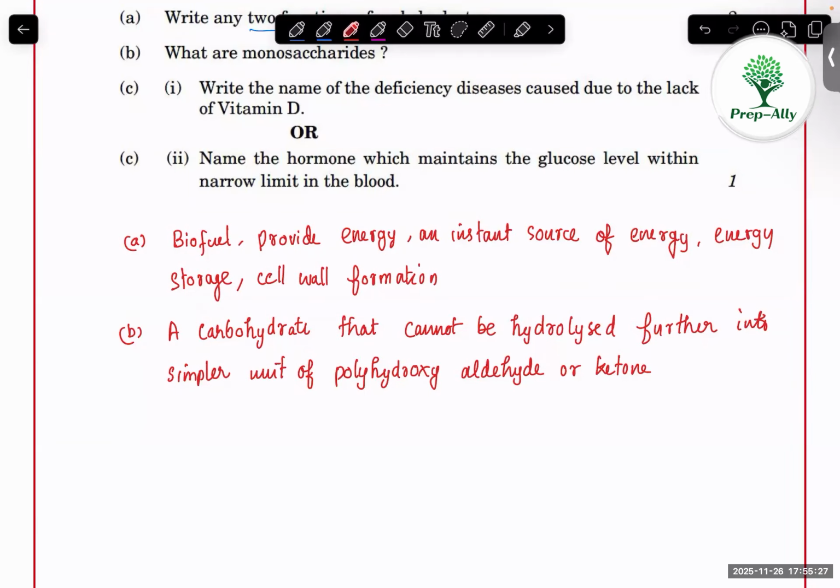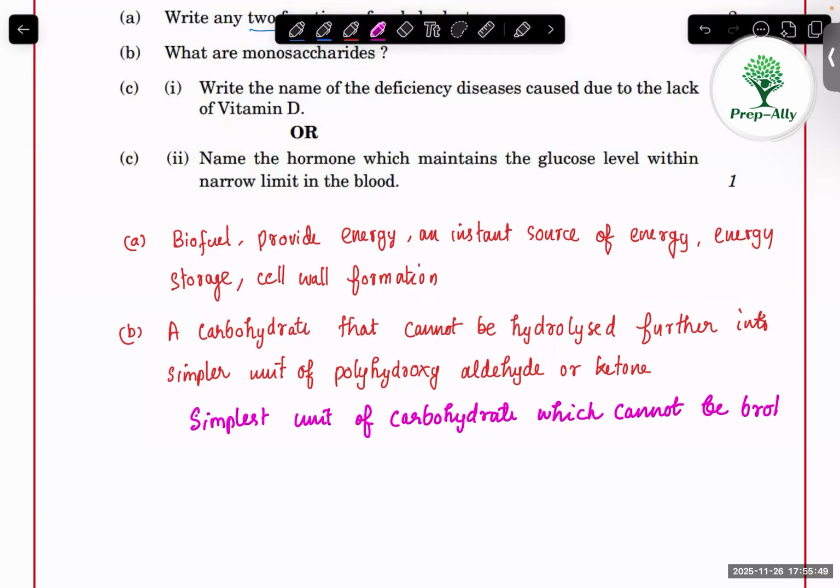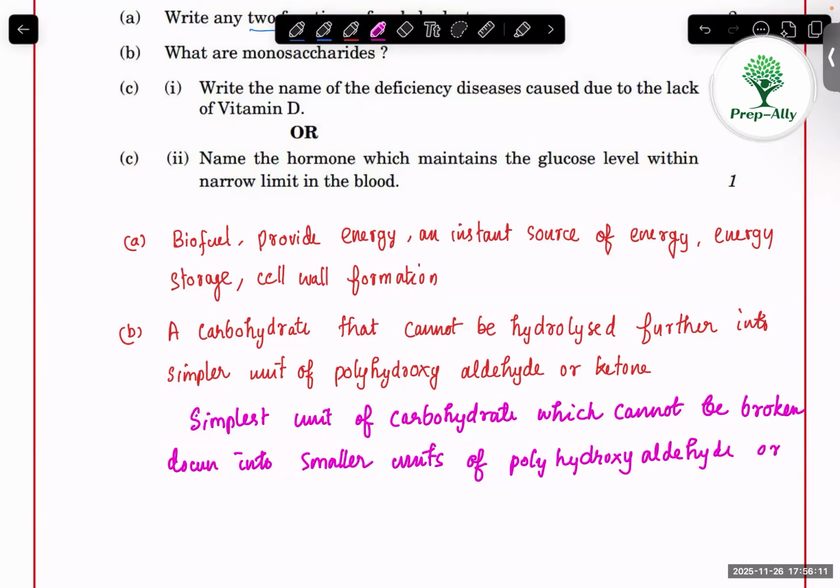Or you can also write that it is the simplest unit of carbohydrate which cannot be hydrolyzed into smaller units of polyhydroxyaldehyde or ketone.